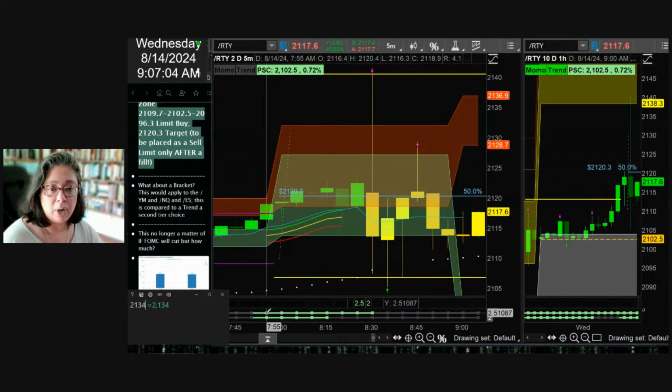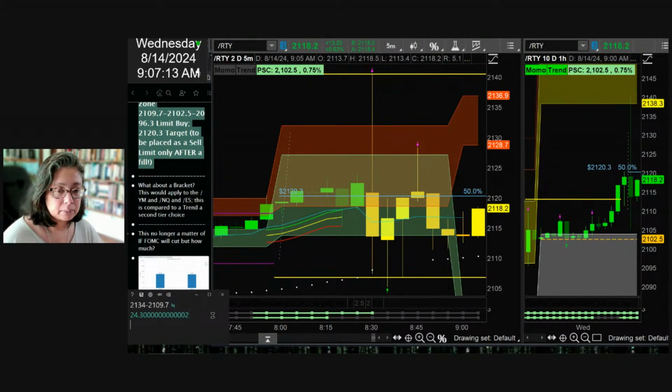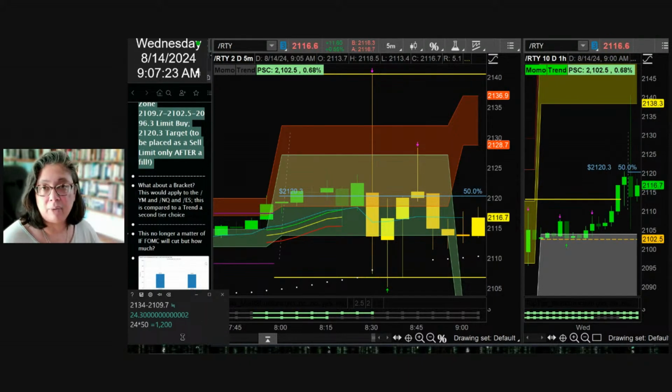If you go 2134 as a target to 2109.7, that's 24 points. 24 points times $50 a point is roughly $1,200 a contract. If you're looking at the initial target at 2120 as the break even, then you close the rest of the trade out there. So 1,200 per contract on that move. That's the way to start a morning, tell you what.